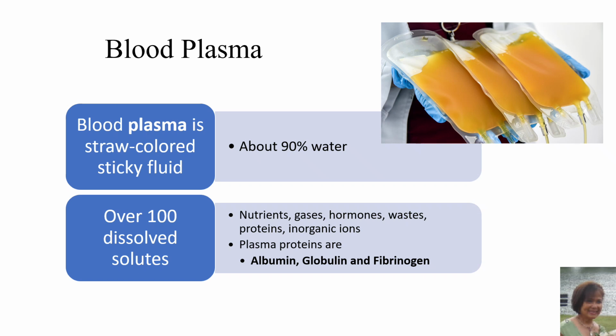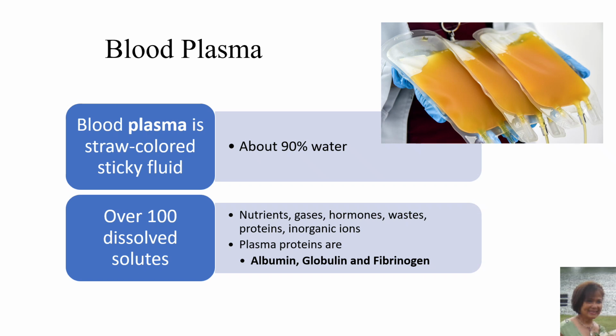It's kind of a sticky fluid. It has over 100 dissolved substances: nutrients, gases, hormones, proteins, inorganic ions, and the proteins albumin, globulin, and fibrinogen are also in your plasma.